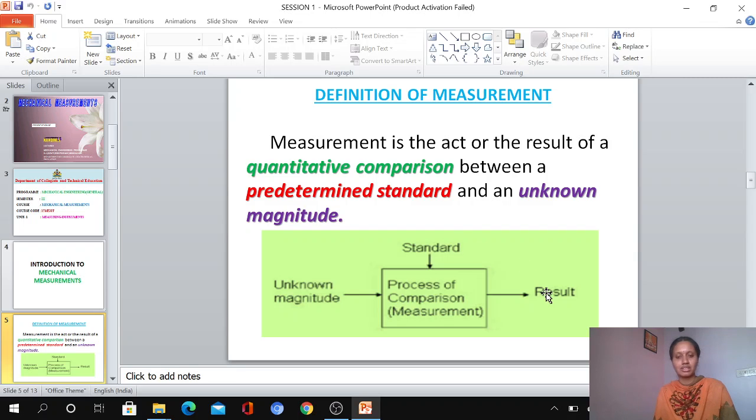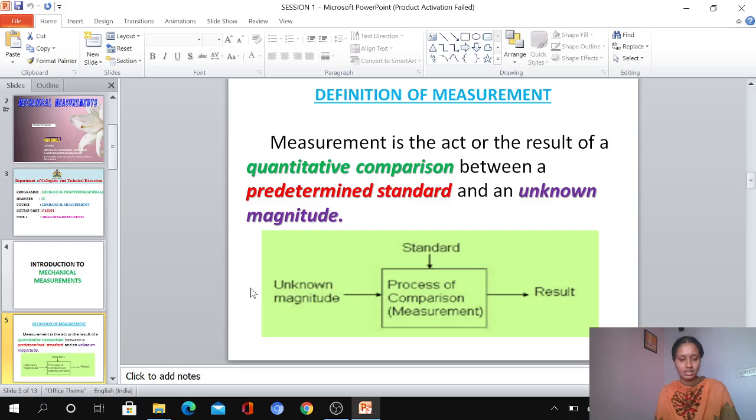For example, a simple example, let us take. We need to measure the unknown length of a line. We don't know the length of that line. So what we will do, we will take a simple plastic scale or a steel rule. So here the standard is the scale and the unknown magnitude is the unknown length of a line.